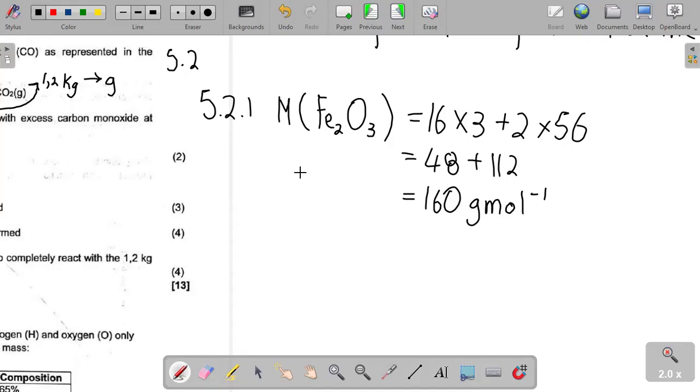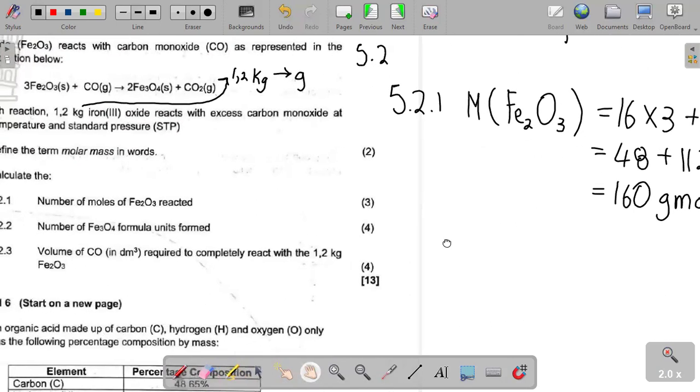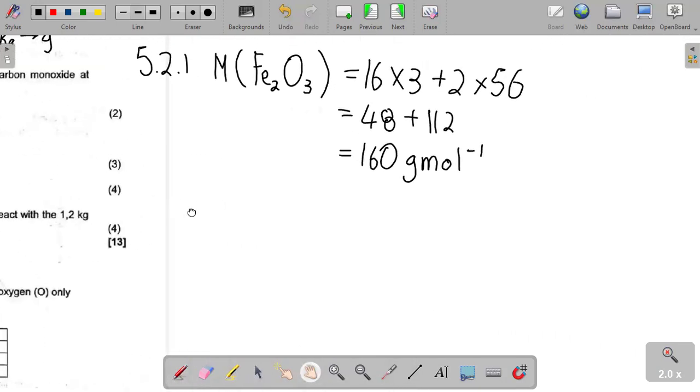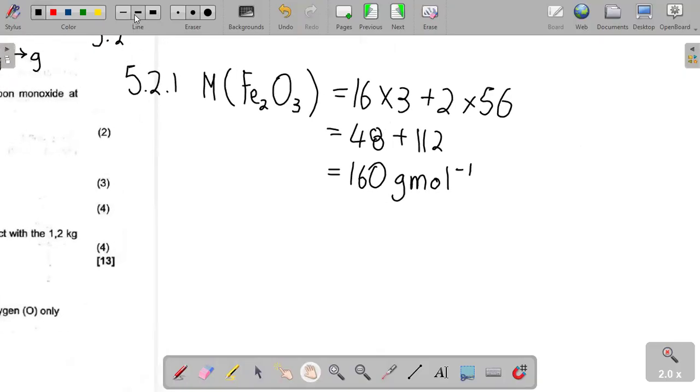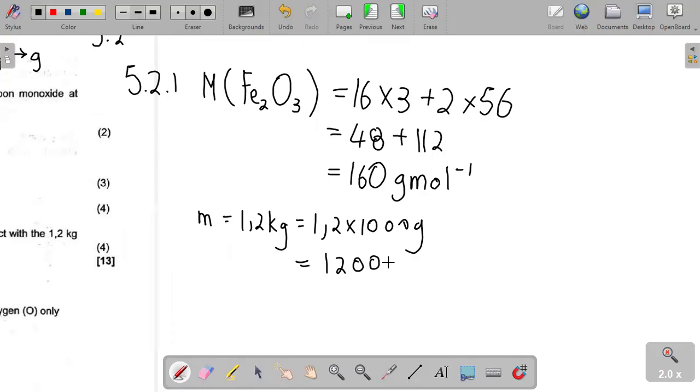And then we are looking for number of moles. So again, the mass here, small m, is going to be 1.2 kg, equal to 1.2 multiplied by 1,000, so it gives you grams. So then you have 1,200. Then we can find the number of moles.